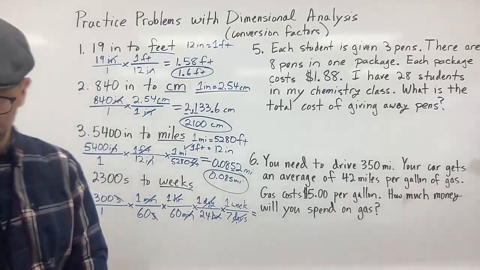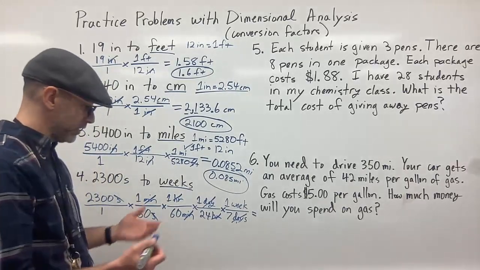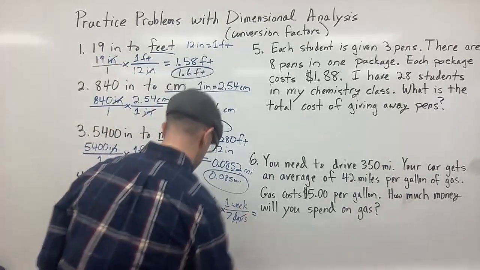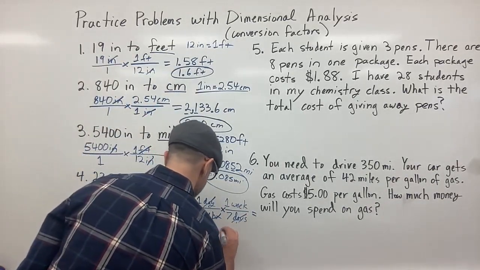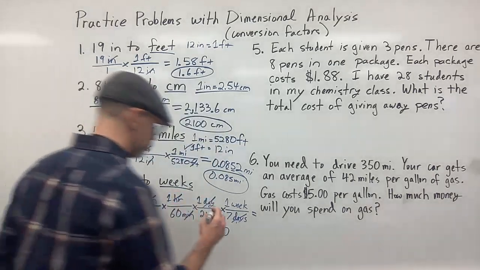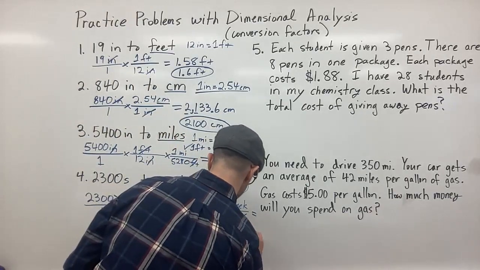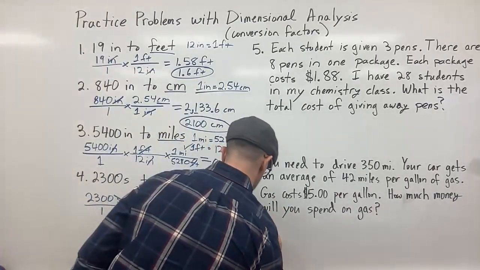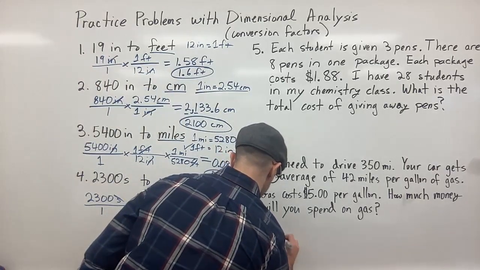And I get my answer, and you should have the same answer. It comes out to 0.003802. There's more digits, but that's enough. And this is going to be weeks.